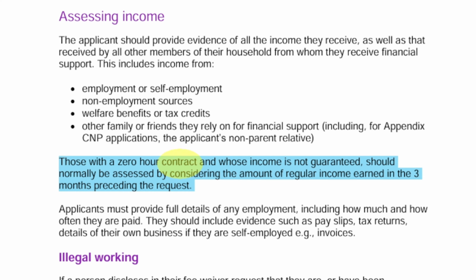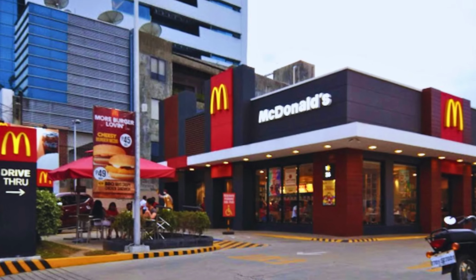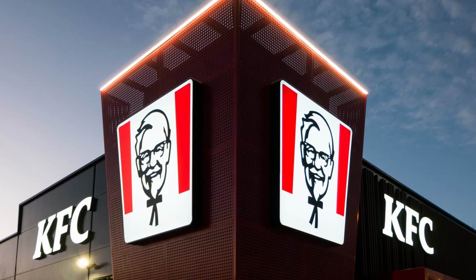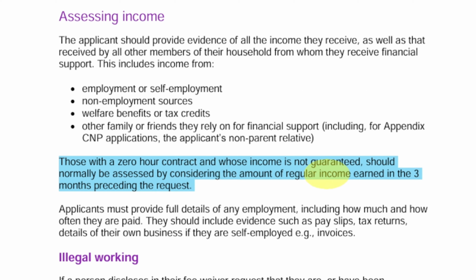Those with zero-hour contracts, for example, you are working with McDonald's or KFC, these kind of places, and whose income is not guaranteed, should normally be assessed by considering the amount of regular income earned in the 3 months preceding the request. If you don't provide your 3 months, they won't be able to consider, and it will be like your case will go out of the box.